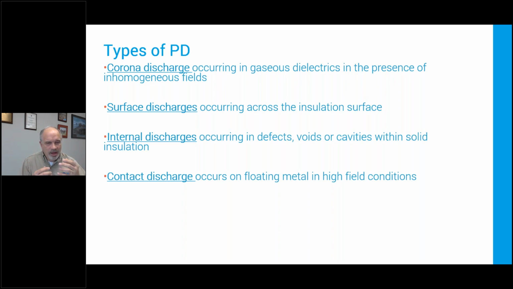But again, we're not damaging the insulation, so it won't typically cause a failure unless the buildup of ozone causes your failure. It's a real high level, it's very characteristic. Our concern with contact discharge is that it's so high that it might hide some of the other types of discharge that I am trying to find. So we'll talk about these four types of discharge and what we do about them.